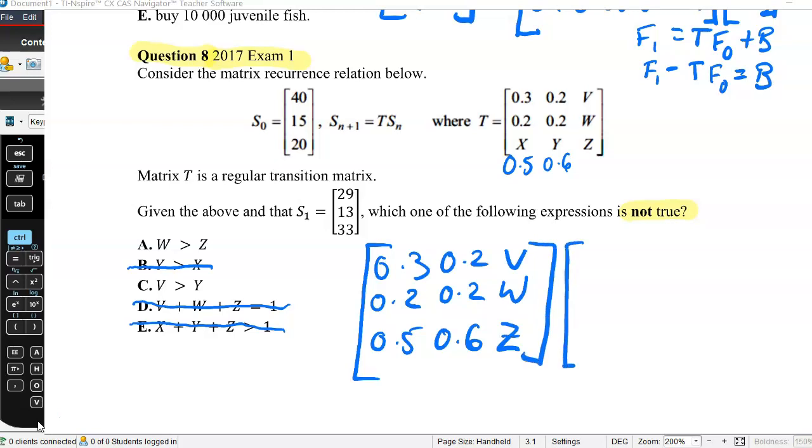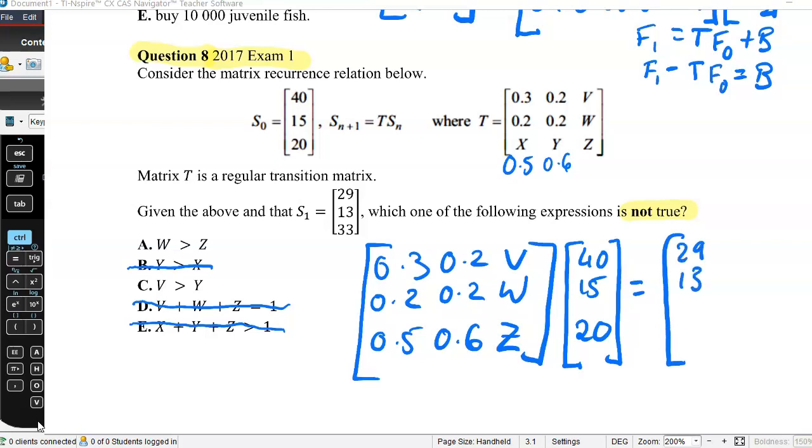If we multiply that by our S0, which is 40, 15, 20, it equals S1, which is 29, 13, 33.